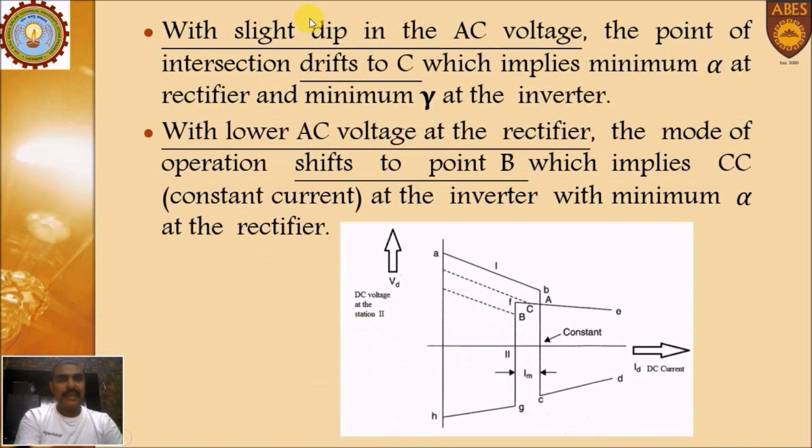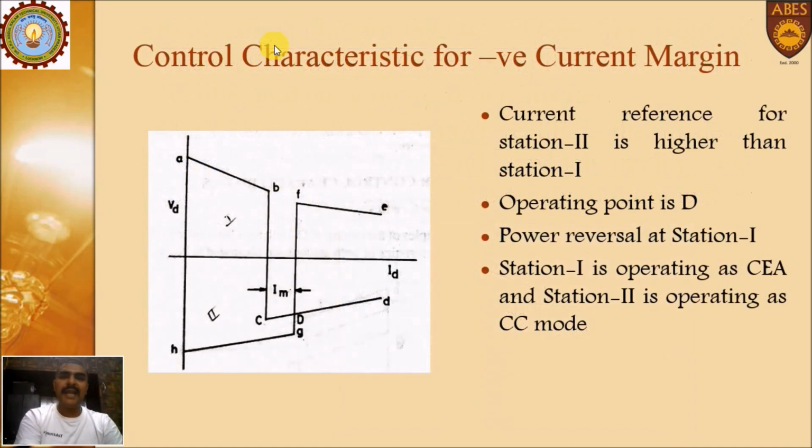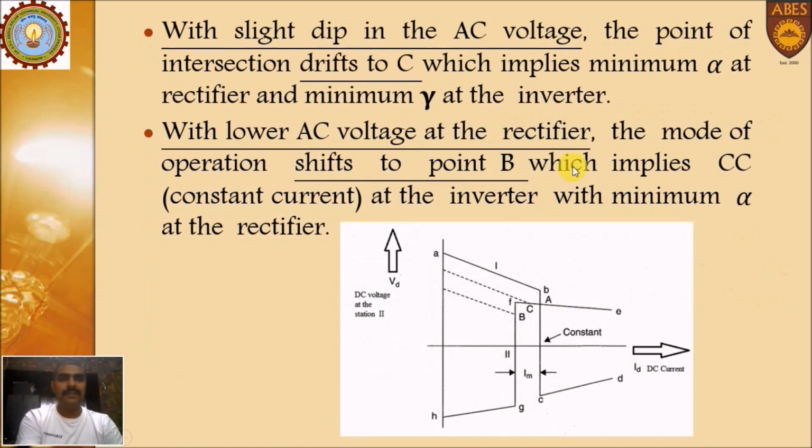Then if there is a slight dip in AC voltage, means AC voltage is slightly decreasing, then this line AB will shift a little downward, and the operating point can shift to point C. In this case also, converter station 1 is operating in constant current mode, and converter station 2 is operating at minimum gamma.